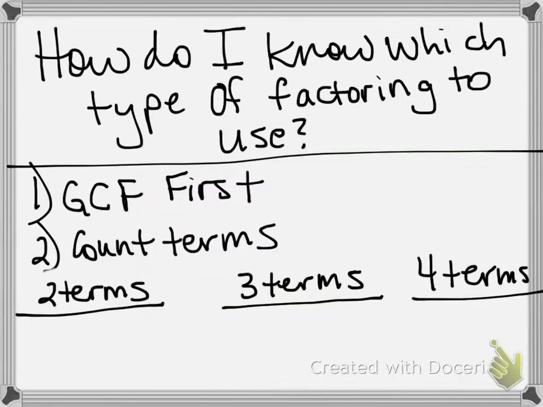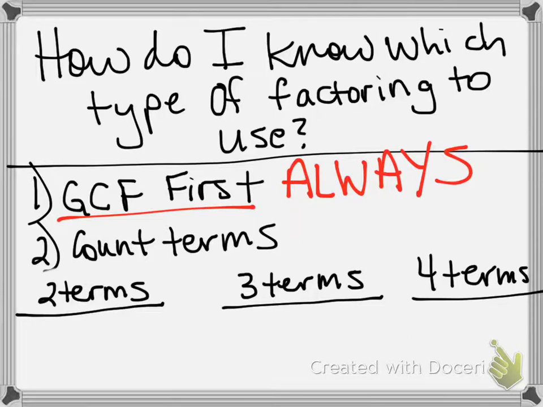Okay, so how do you know which type of factoring you're going to use? Well, you should always check to see if there's a greatest common factor first. If there is, factor it out. The second thing you're going to do is count the terms. If you have two terms, you're going to check to see if you have cubes or if you have squares.